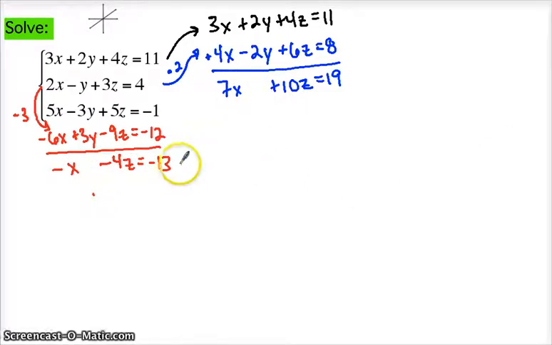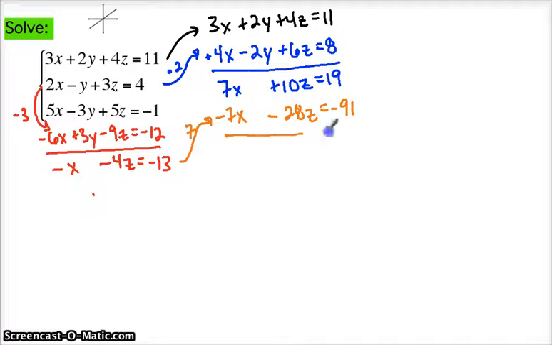So how about we take our red equation, and as long as we're at it, we've got 7x here and a -1x there. Let's go ahead and multiply our equation by 7. That red equation then would turn into -7x. -4z turns into -28z. And -13 can turn into 7 times 13 is 91, so -91.